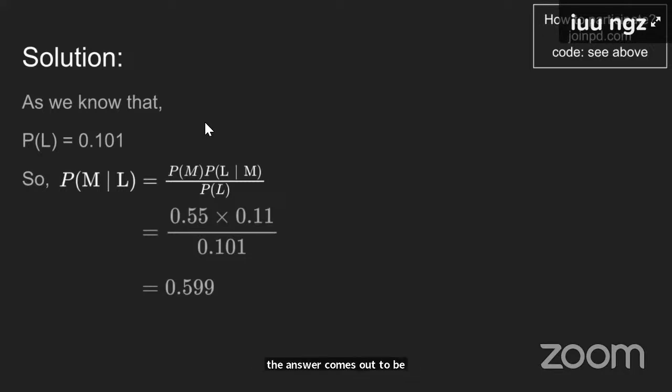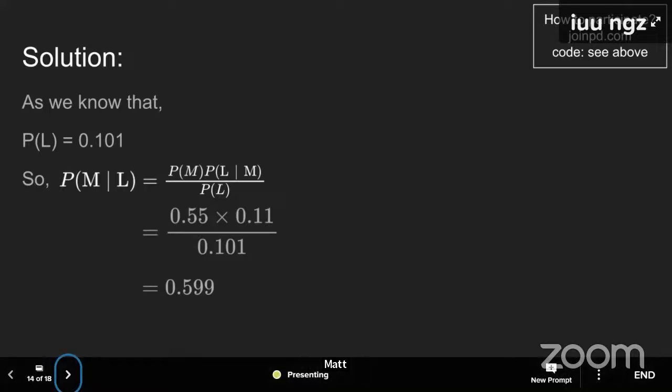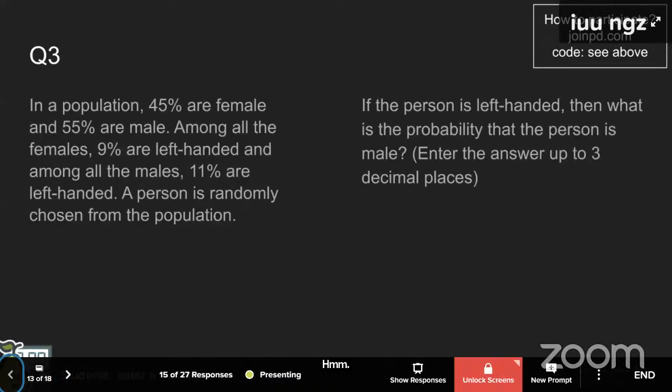Ma'am, actually, one second, ma'am. My answer was 0.599 only. I got the answer, but I am not able to understand this approach, ma'am. What I am doing is assuming 100 people, and within those 100 people, how many males are there? How many left-handed males are there, which is 6.05?